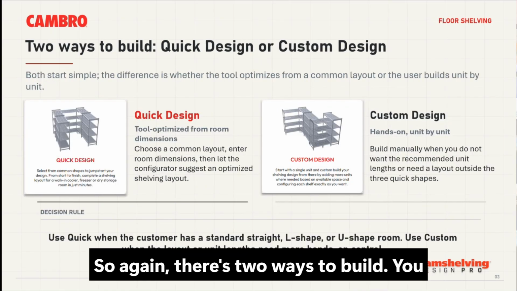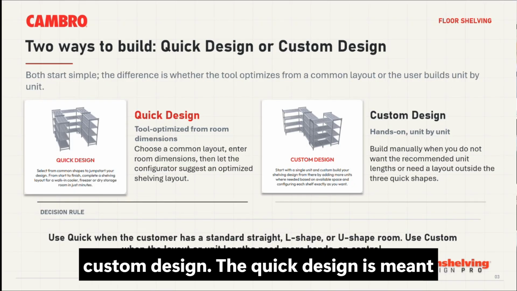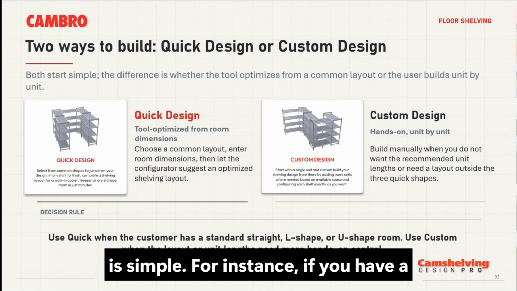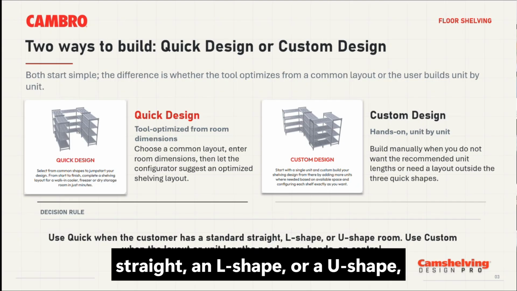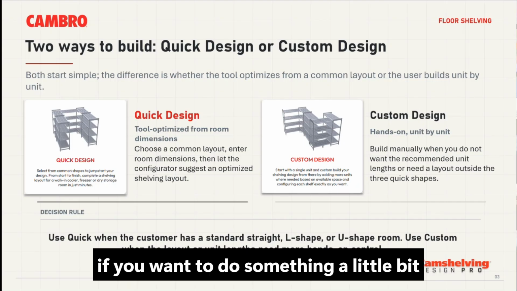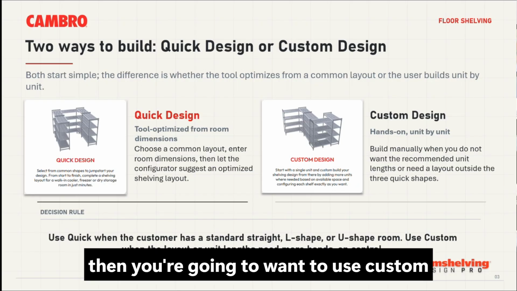So again, there's two ways to build. You have the quick design option and you have custom design. The quick design is meant for something quick, a layout that is simple. For instance, if you have a straight, an L shape, or a U shape. If you want to do something a little bit more complex out of those basic layouts, then you're going to want to use custom design.